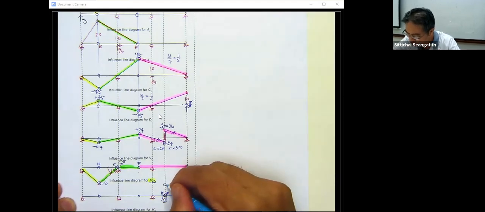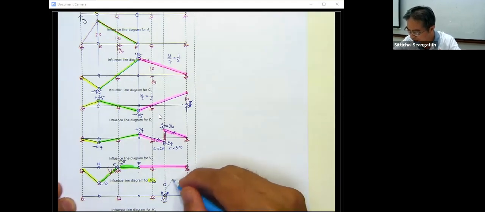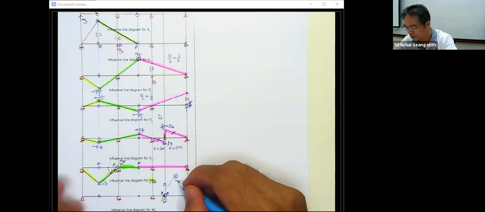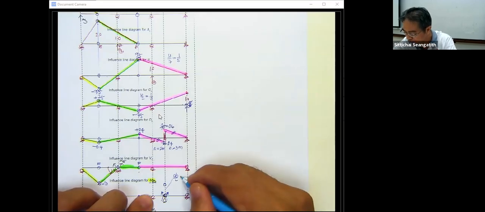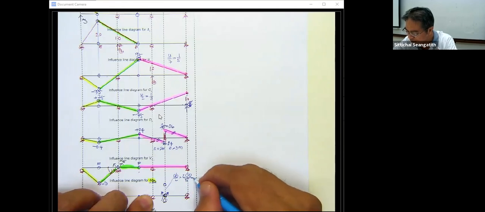This is going to move to here with AB over L. Now A is 2, B is 3, L is 5, so it is going to be 6 over 5.